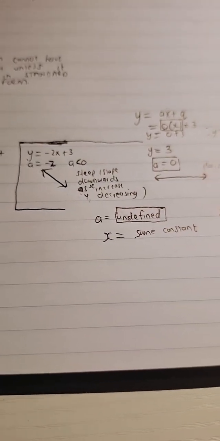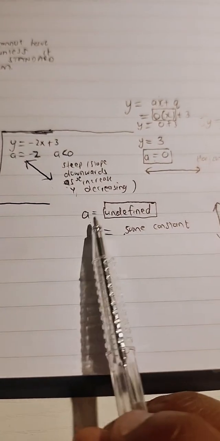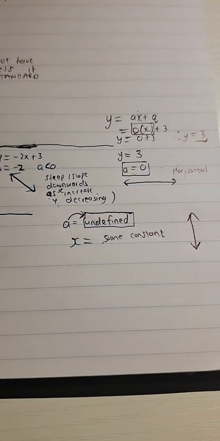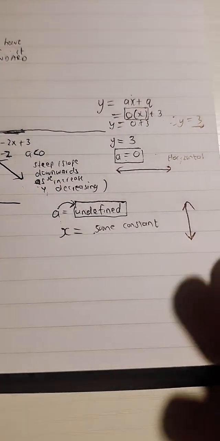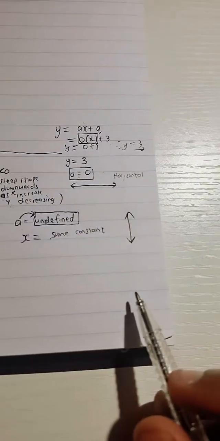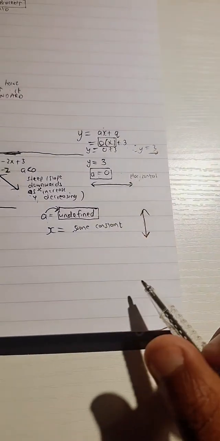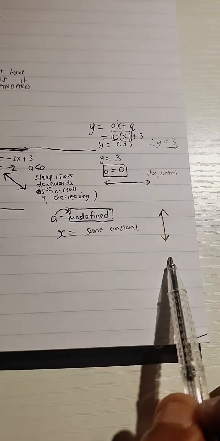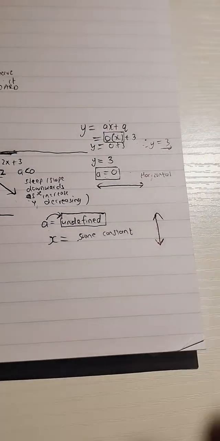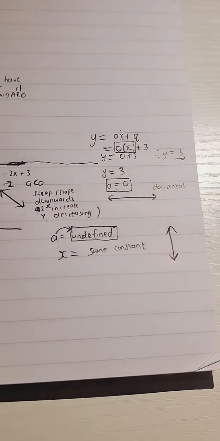Then moving right along. Now I'm saying when a is undefined, as it does happen sometimes, if you're wanting to calculate the gradient and your x values are the same everywhere, then obviously the equation of this vertical line will depart from the usual equation.